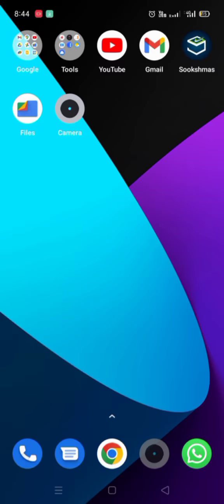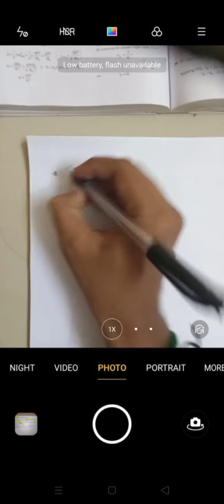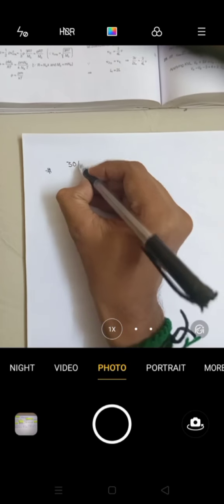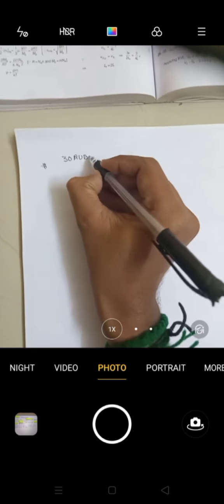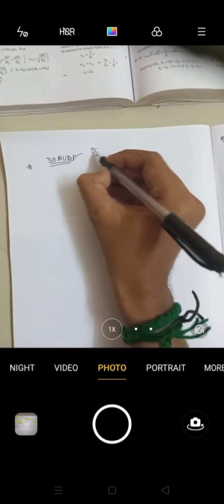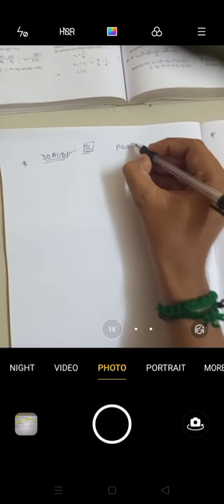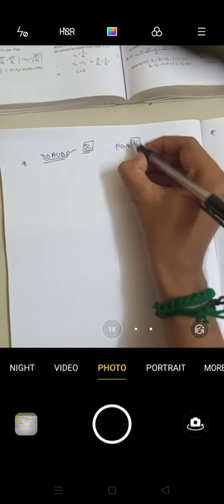Okay, so now it's saying over here that we have 30 RuBP, correct? We know that it is a 5 carbon compound, and PGA is a 3 carbon compound.